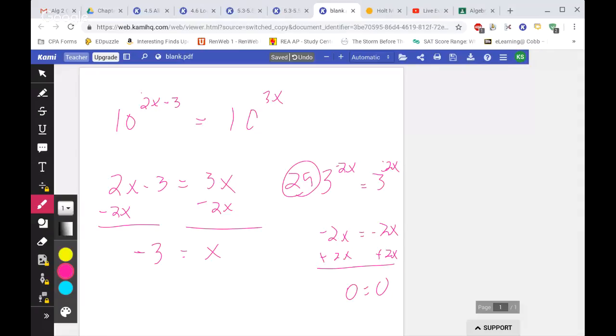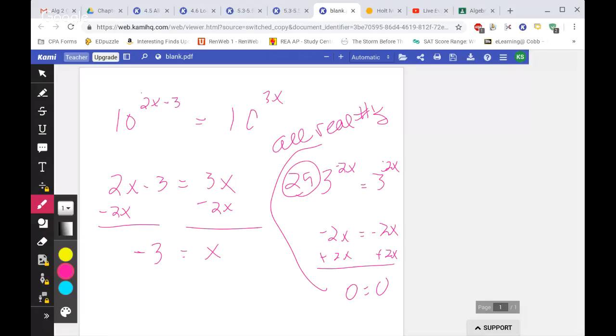Does that make sense? Whenever you have an algebra problem that's 0 equals 0 or 10 equals 10 or whatever, that's all real numbers. So just write all real numbers for this one. Yes, sir.